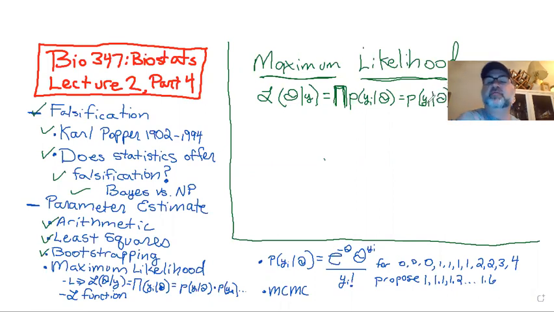So what's the probability of observing, say, a heart rate of 70 given the average is, say, 72, times the probability of y2 given theta, dot dot dot, and we do that up to p of yn given theta. So for every observation, we figure out the probability of getting that data point, right?